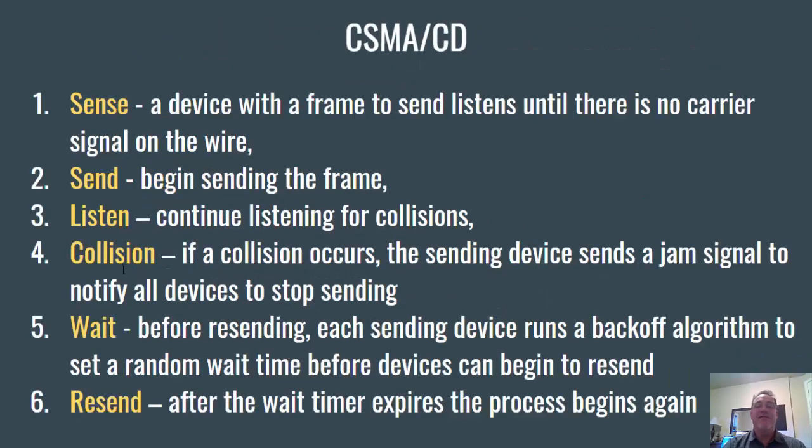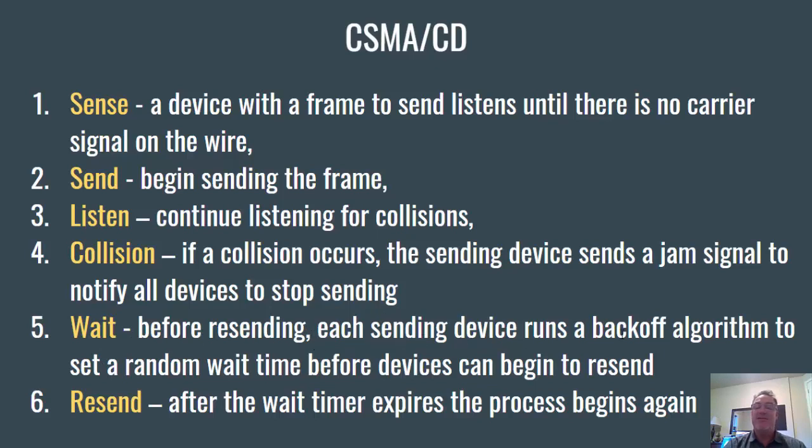If we break it down even further into steps, basically you're sensing on the wire, carrier sense. So a device with a frame to send listens until there's no carrier signal on the wire. Send, you begin sending the frame. You're continuing to listen for collisions. Collision. If a collision occurs, the sending device sends a jam signal to notify all devices to stop sending, and then you wait before resending.